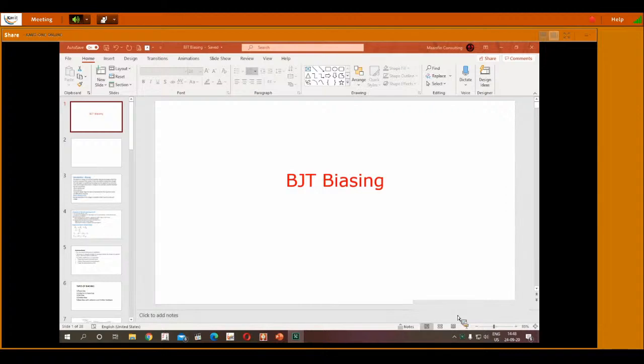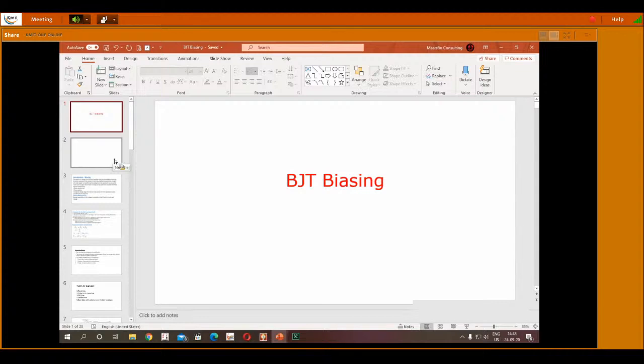Today's session we are going to deal with BJT biasing. What is the need of biasing, that we are going to learn now. In the PN junction diode we have seen that it can be forward biased and reverse biased, and it can be utilized as an on and off switch, whereas the BJT can be utilized as an amplifier.